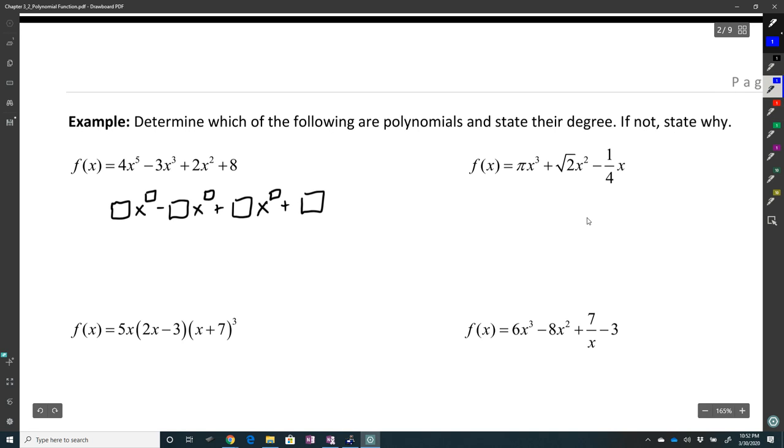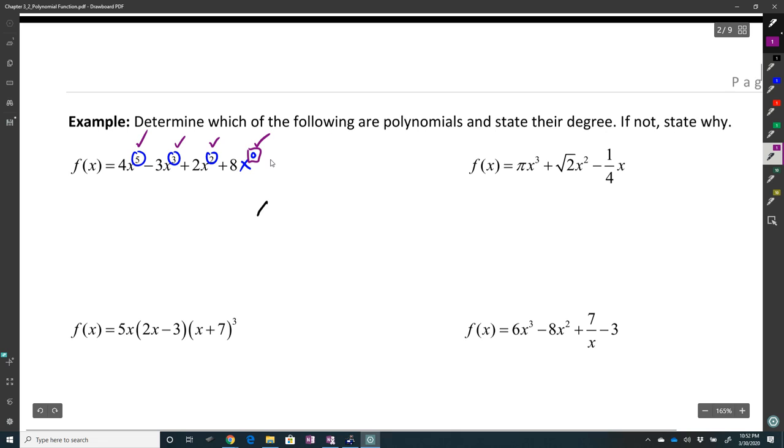All right, so if you look at all of the exponents, okay, here, this last term is really x to the 0. Usually you don't worry about it, but just if you're wondering where's the x for that term. Are all these whole numbers? Yep, yep, yep, yep.